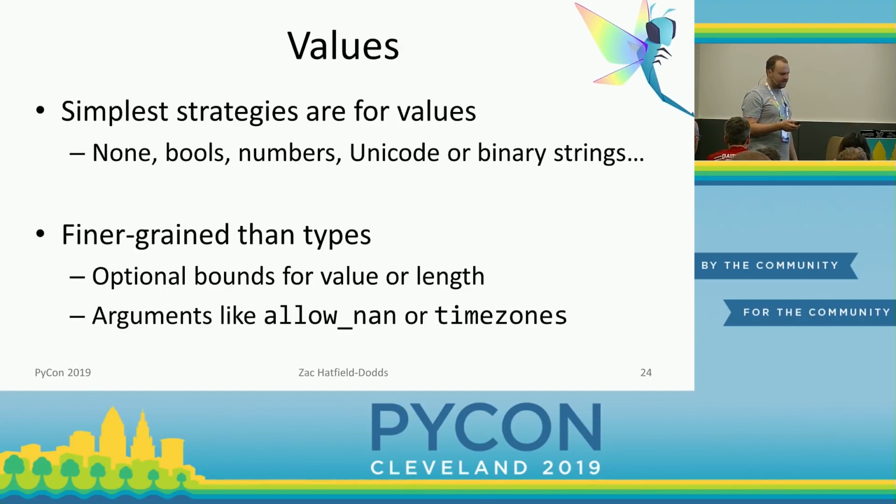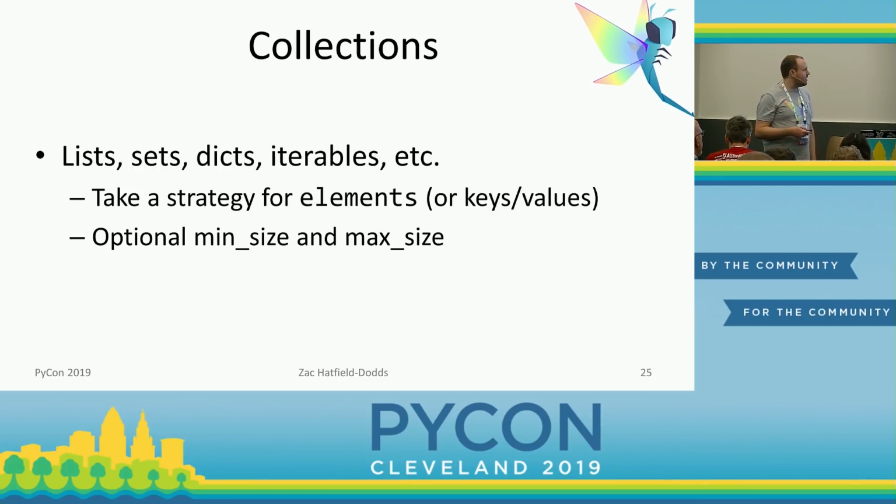That can be really useful. And for some types, like date times, it makes sense to pass a time zone argument to that as well as a min value and a max value, but it wouldn't make much sense to give a time zones argument to floating point numbers. So all the values have min and max value, but not all of them have allow nan, that's for floats, or time zones for date times.